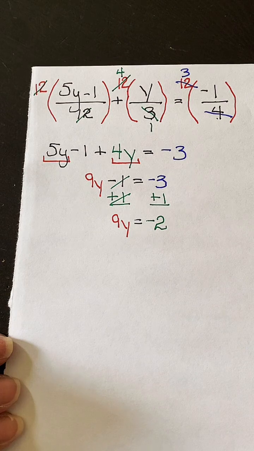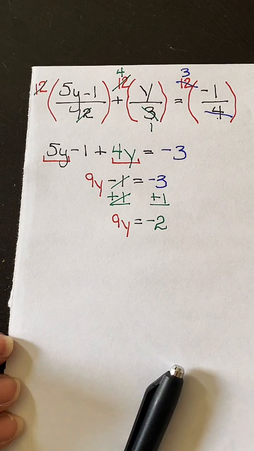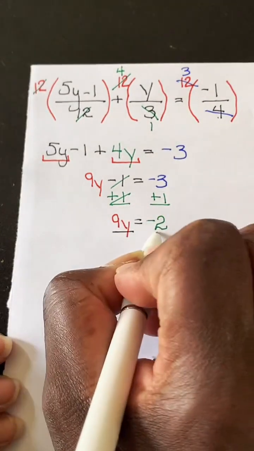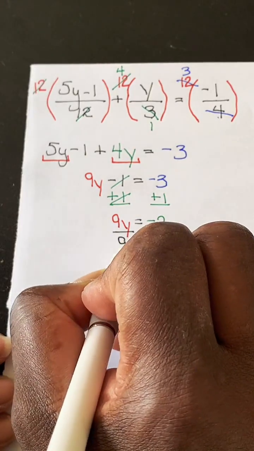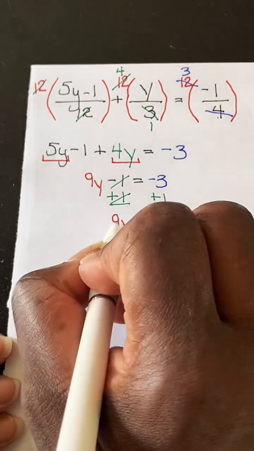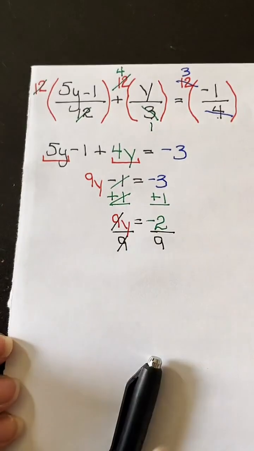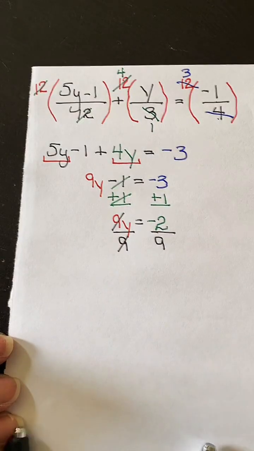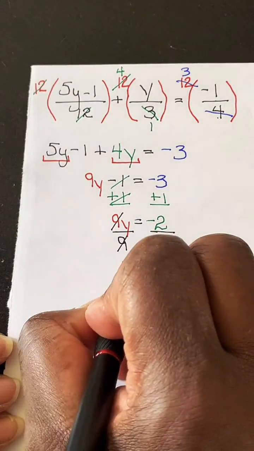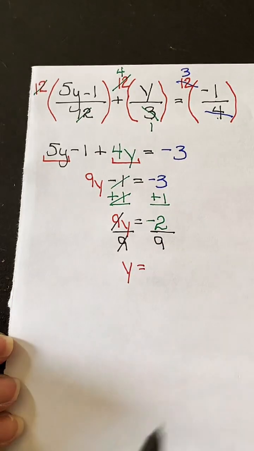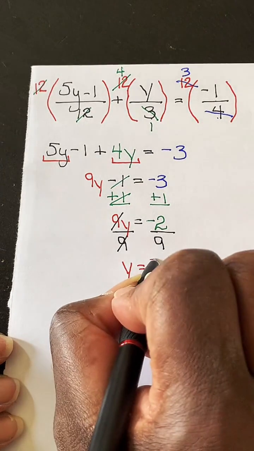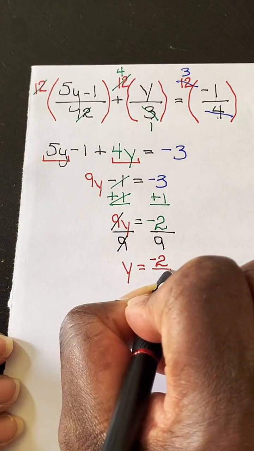So now, let's finish it out. Divide both sides by 9 because we want to isolate that variable. 9 divided by 9 will give me 1. And that's shown in your y. So that'll be 1y. And then we leave it as negative 2/9.